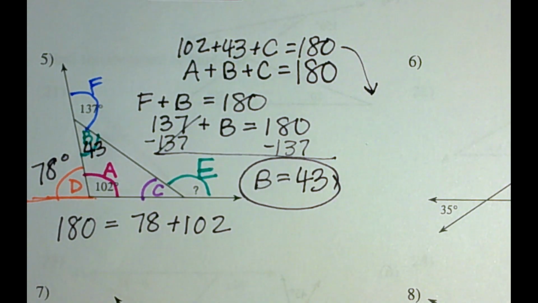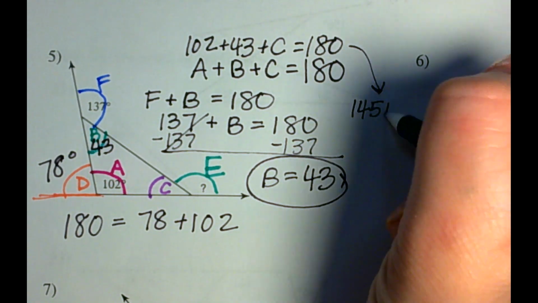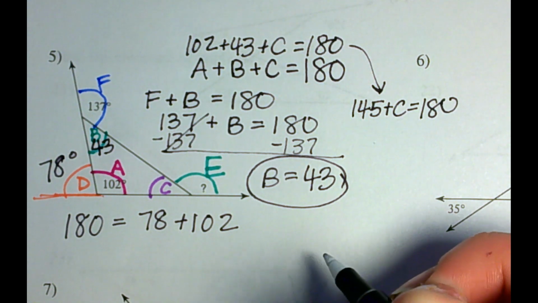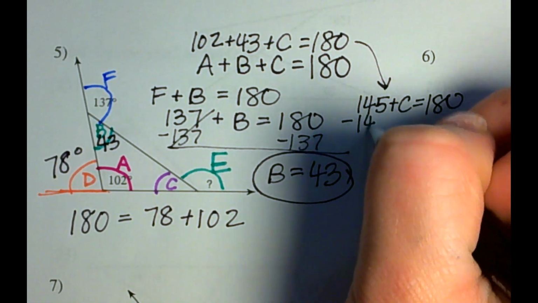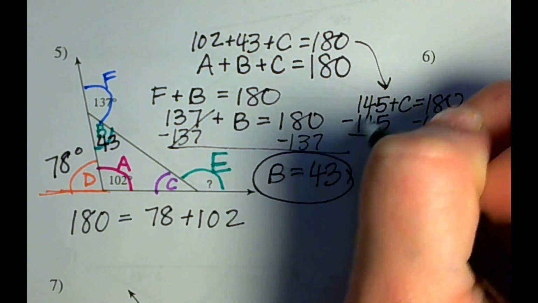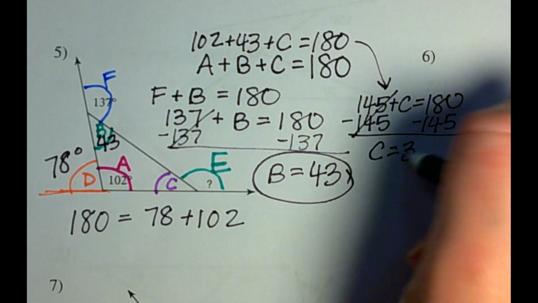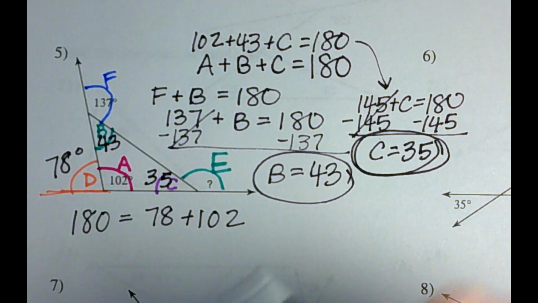What's 102 plus 43? 145. 145 plus C equals 180. Then subtract 145 from both sides, and I get C equals 35. So C is 35.